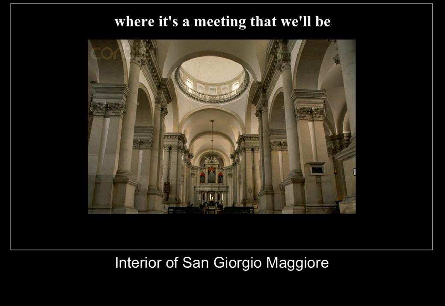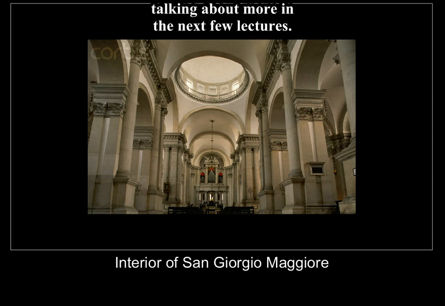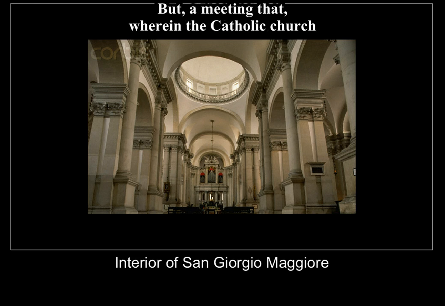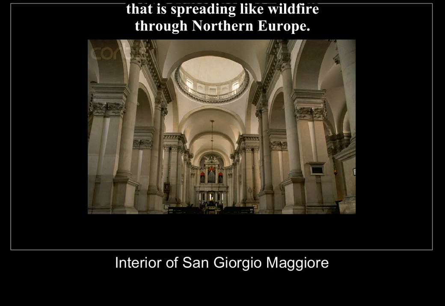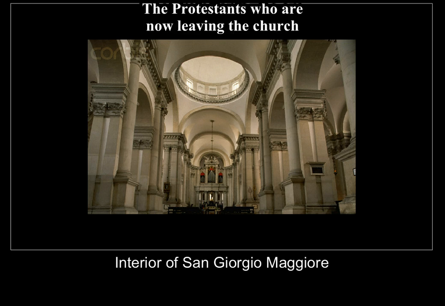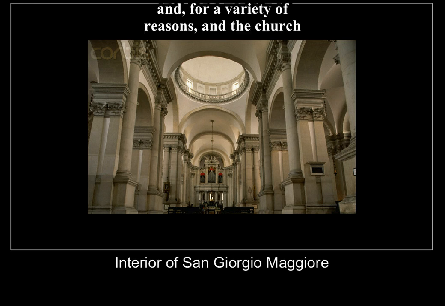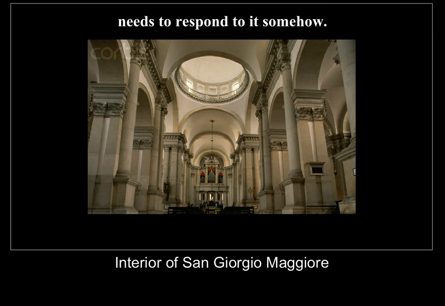It's a meeting that we'll be talking about more in the next few lectures, wherein the Catholic Church comes together and figures out some ways to respond to the Reformation that is spreading like wildfire through Northern Europe, the Protestants who are now leaving the church for a variety of reasons, and the church needs to respond to it somehow.